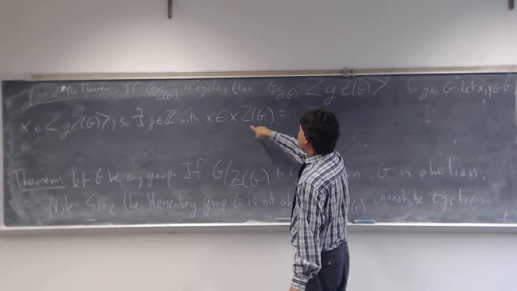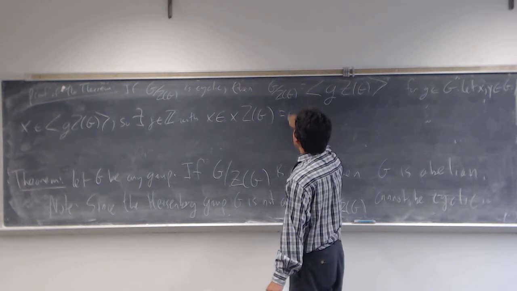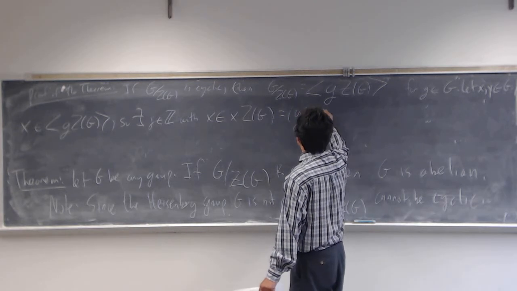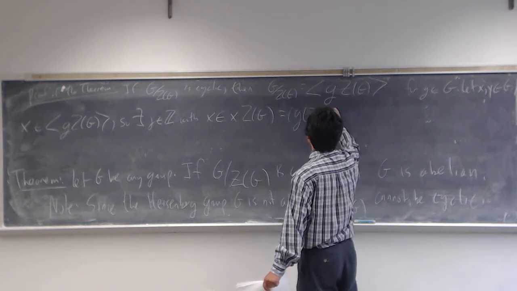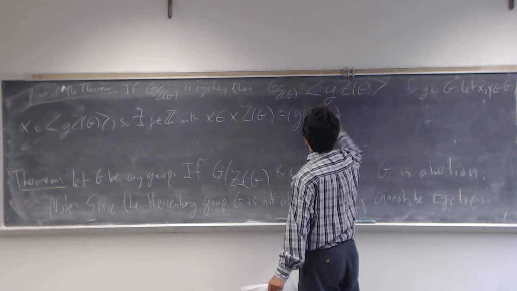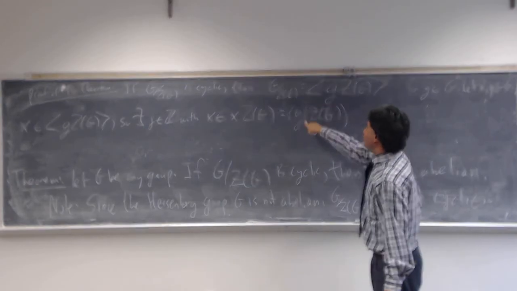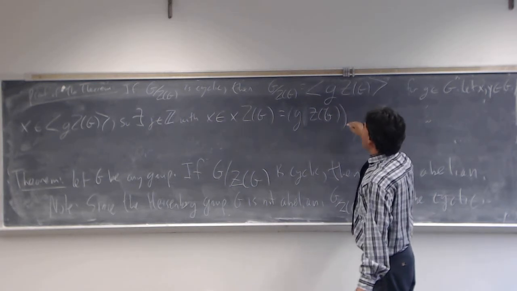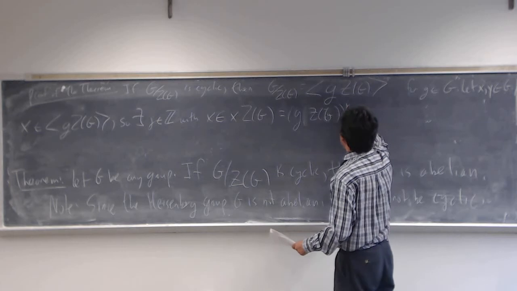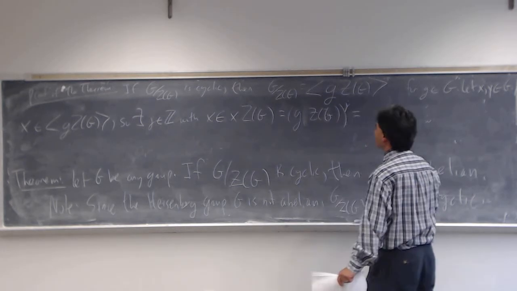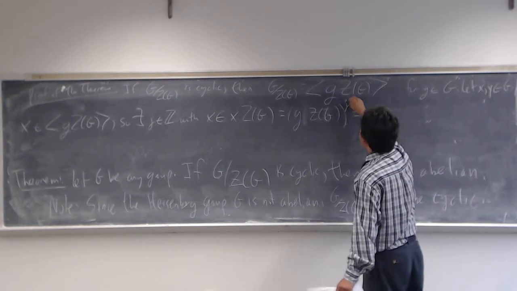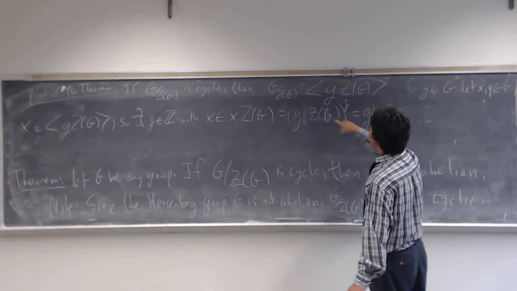All the cosets are cyclic, so any coset can be gotten by looking at this generator coset GZ raised to the j power. And the way we multiply cosets, we multiply the representatives.